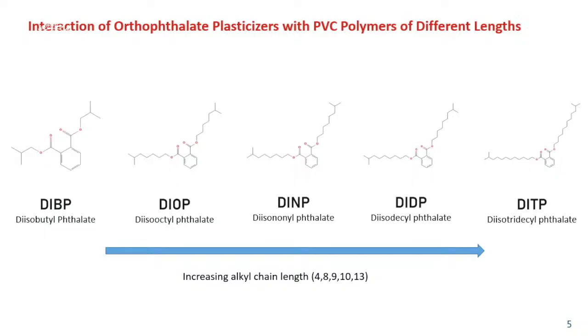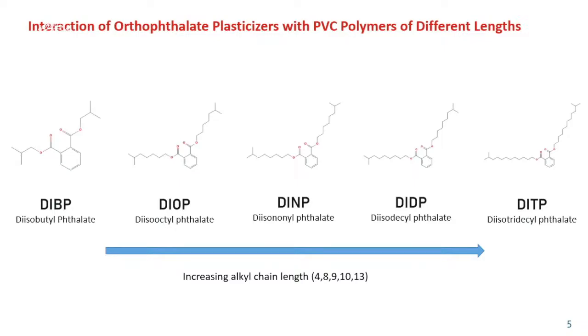One set of similar plasticizers is the orthophthalates. In these five plasticizers, the only difference is that the chain length is increasing from DIBP to DITP, increasing chain length from 4, 8, 9, 10, and 13.